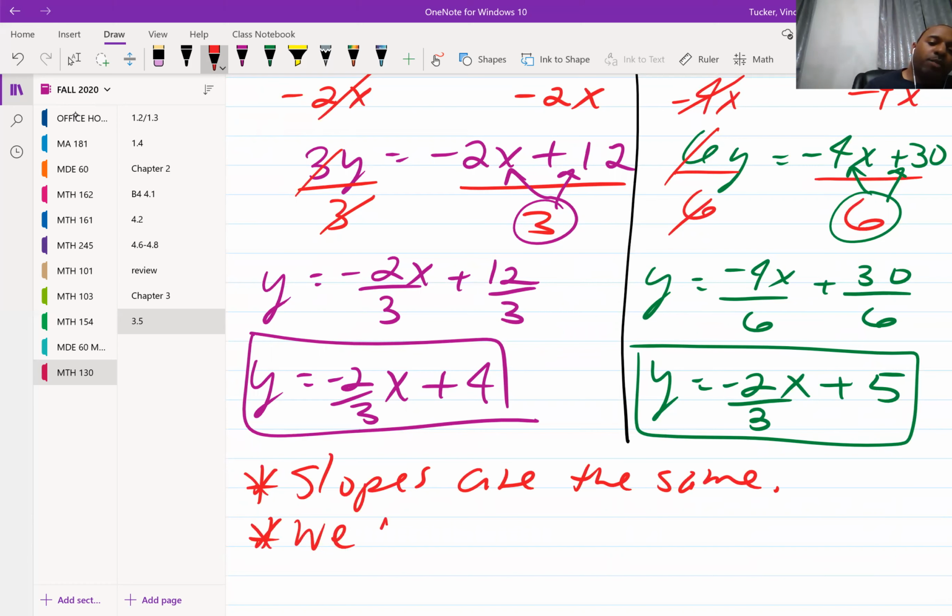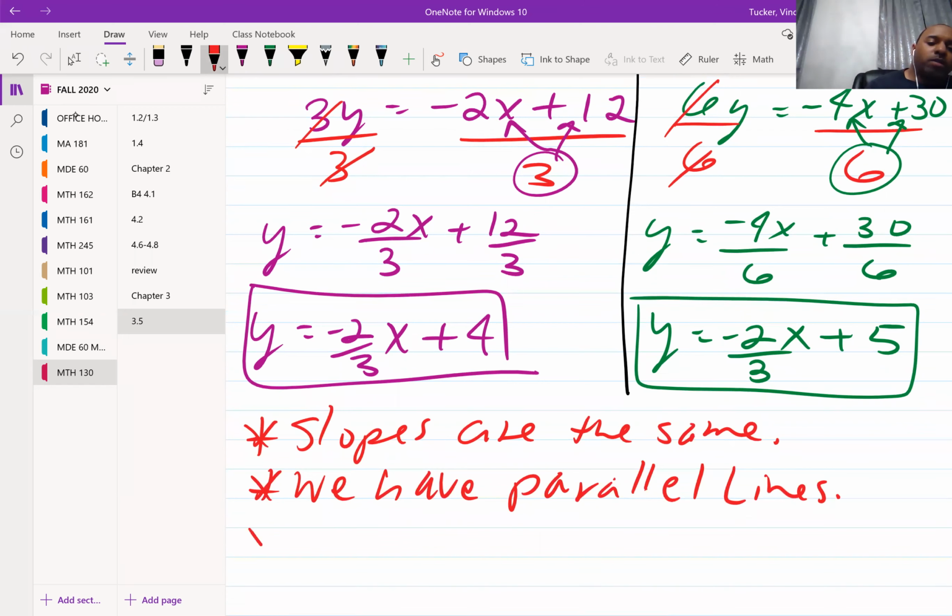So that means we have parallel lines. So we already know the answer is no solution.